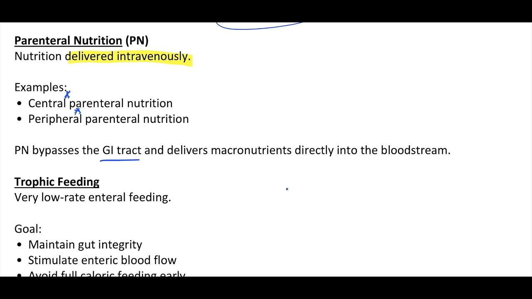This bypasses the GI tract and just delivers macronutrients directly into the bloodstream. So there's no feeding orally involved, or enteral nutrition involved, which is using a previous definition to create a new definition. Great job over here. We're doing well. But yes, parenteral nutrition is delivered intravenously. It's macronutrients directly into the bloodstream. It does not involve the GI tract.